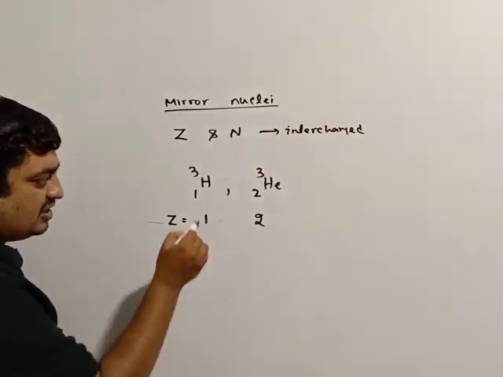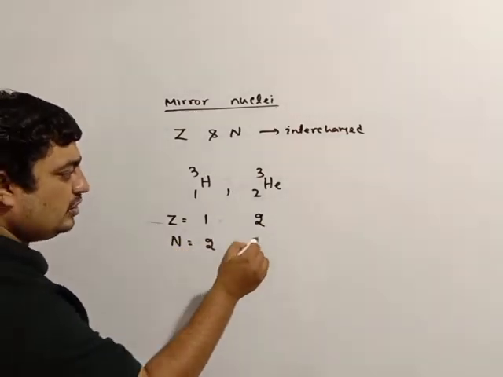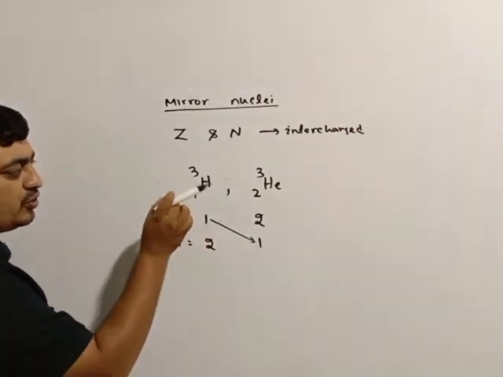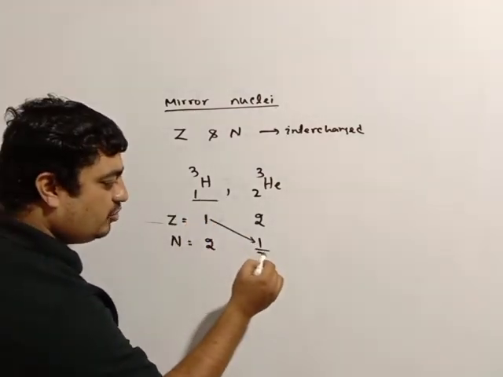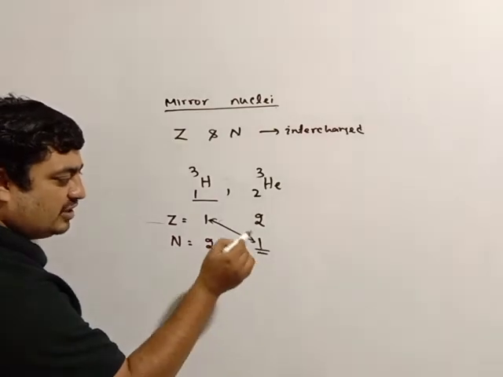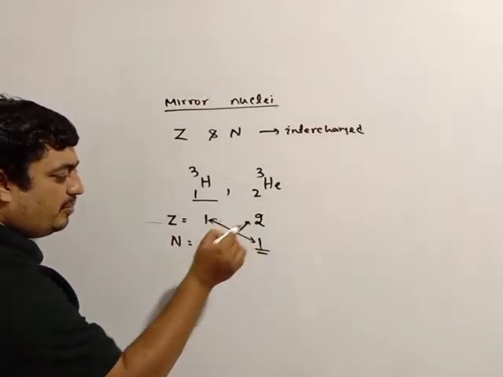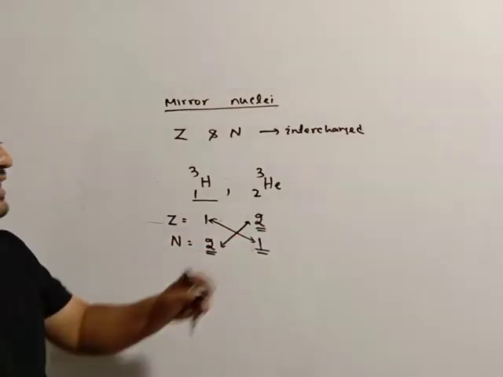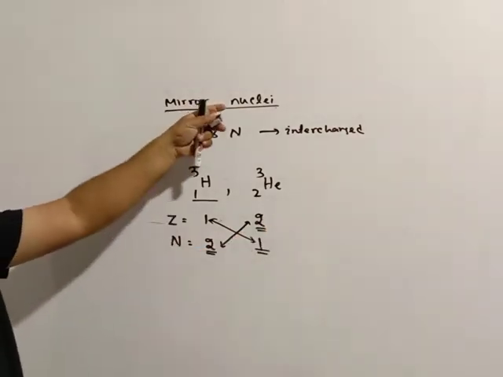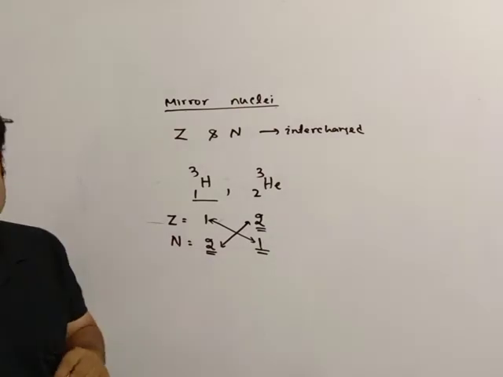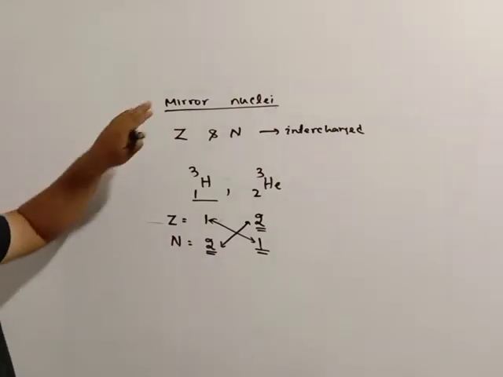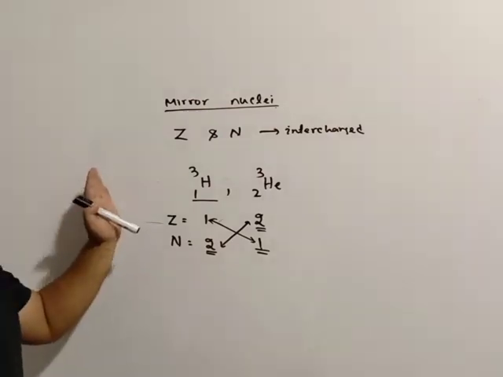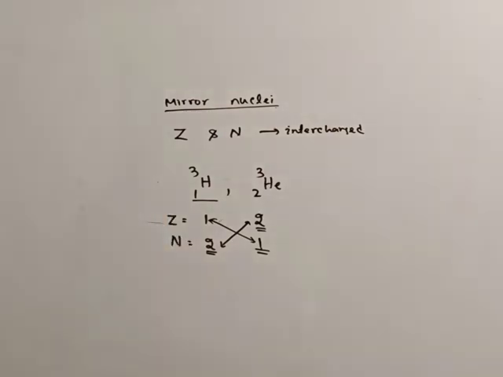The number of neutrons here is 2, here it is 1. So the number of protons in this nucleus is equal to the number of neutrons in the other nucleus, and the number of neutrons in this nucleus is equal to the number of protons in the other nucleus. Such nuclei are called mirror nuclei. So all mirror nuclei are isobars, but all isobars are not mirror nuclei.